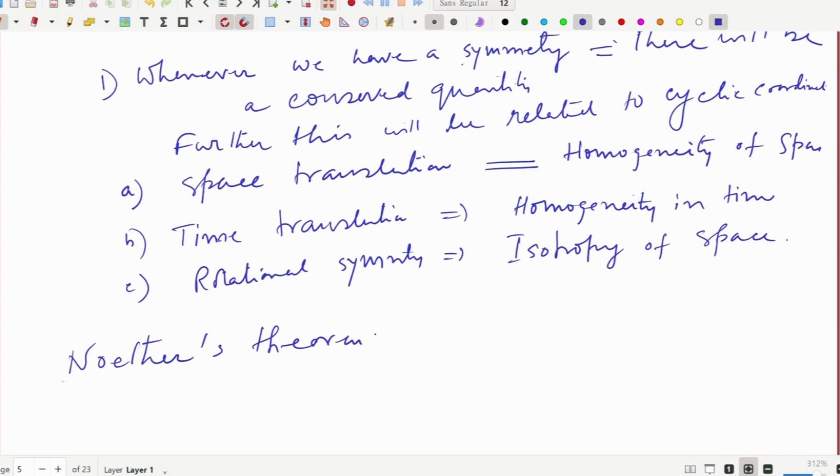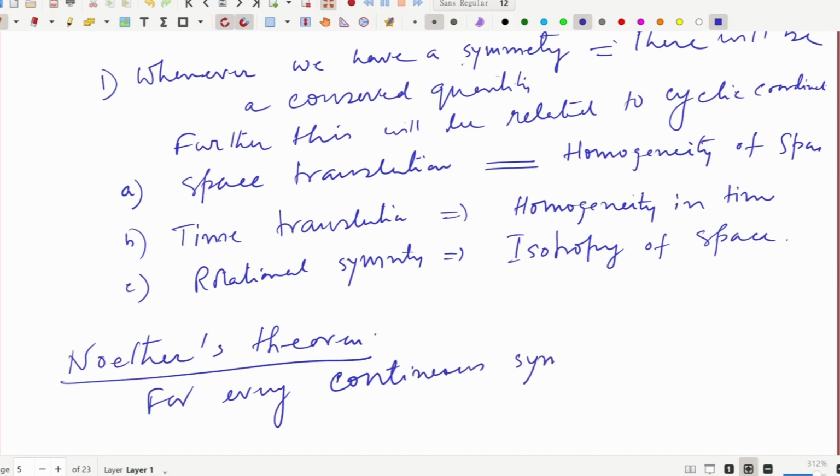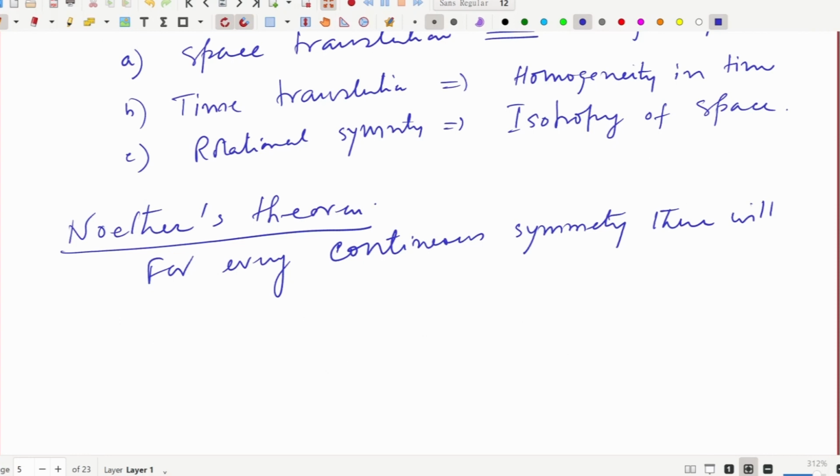So, Noether's theorem says that for every continuous symmetry, I will have to define what is continuous symmetry and what is discrete symmetry, there will be a conserved current.